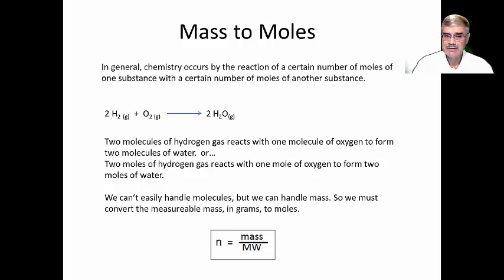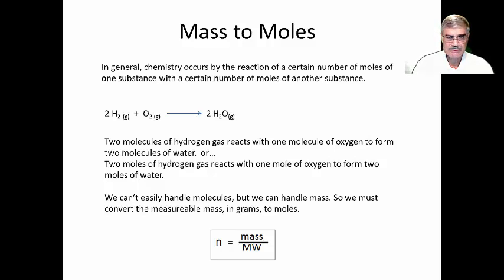So the molecular weight of water is 18 grams per mole. If we have 18 grams of water divided by 18, we have 1 mole. If we have 36 grams of water, we have 2 moles. 54 grams, 3 moles, etc.